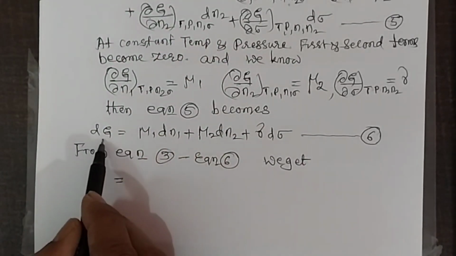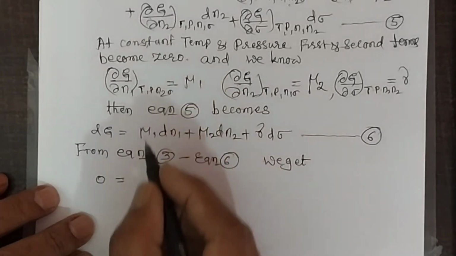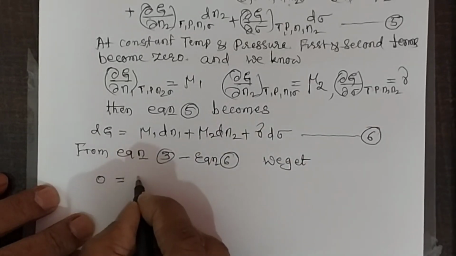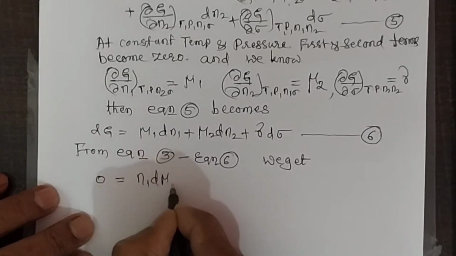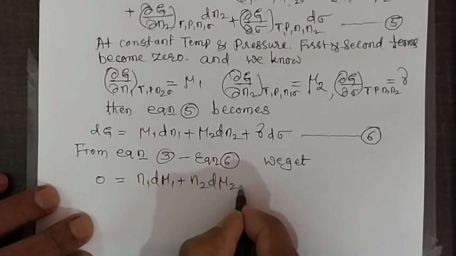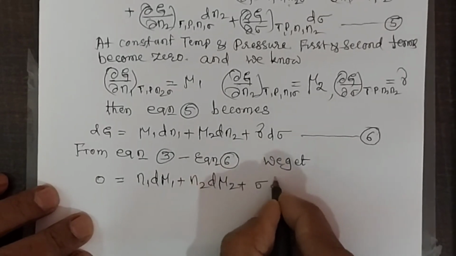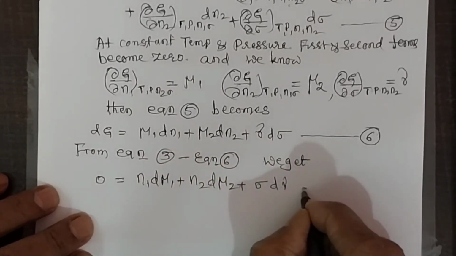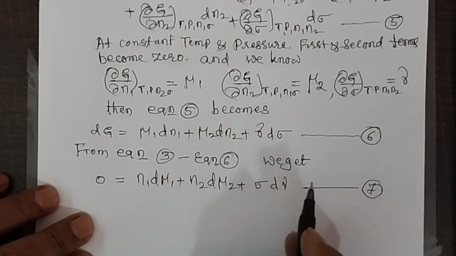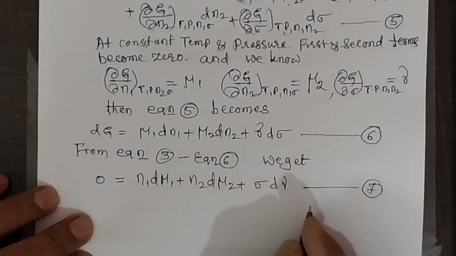Then mu1 dn1 and these terms are removed, and we get n1 d mu1 plus n2 d mu2 plus rho d gamma equal to 0. Suppose this is equation 7.